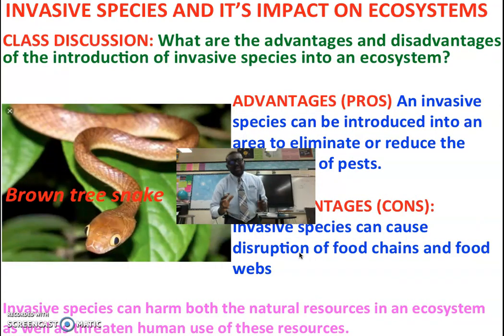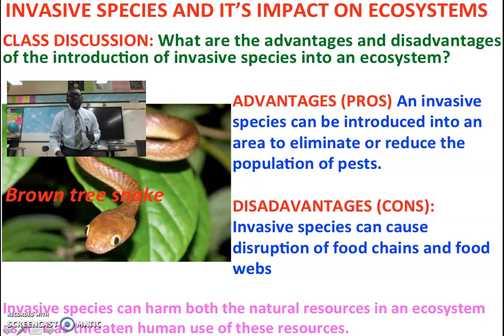All right, so what are the advantages and disadvantages of introducing an invasive species or organism into a new ecosystem? All right, so the advantages or the pros of introduction of organism into a new environment include that we can introduce an organism to an area, for example, to eliminate or reduce the population of pests.